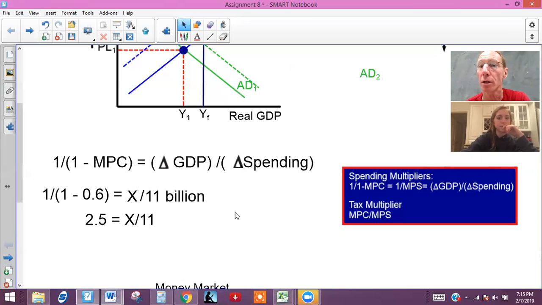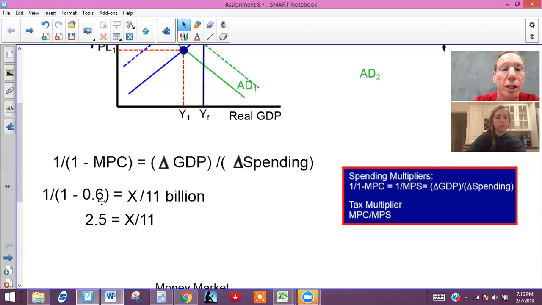Does that make sense, Katie? How it multiplies through the economy. The important factor here is how much of the additional, the marginal, dollar you earn you are going to save and how much you are going to spend. Obviously, if everyone in the economy, on average, consumes more of what they earn, it's going to be a bigger multiplier.